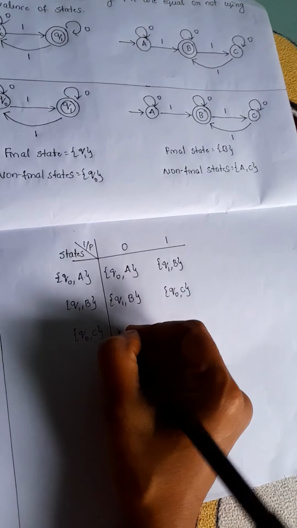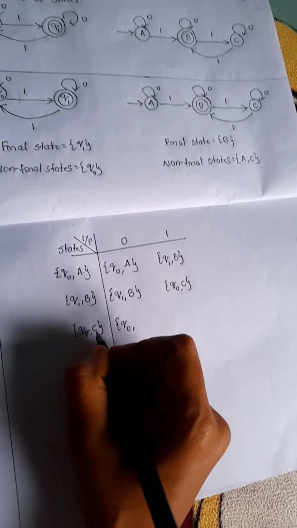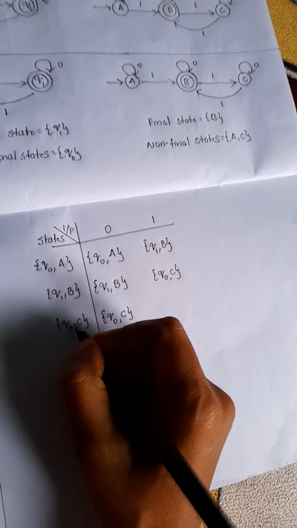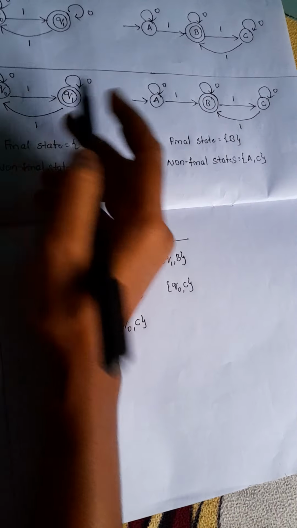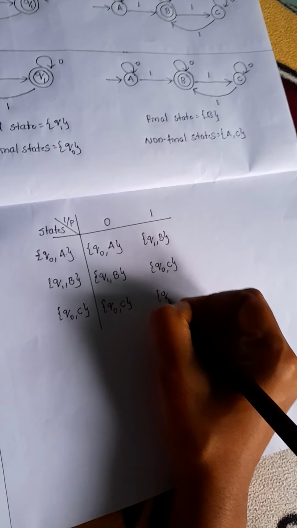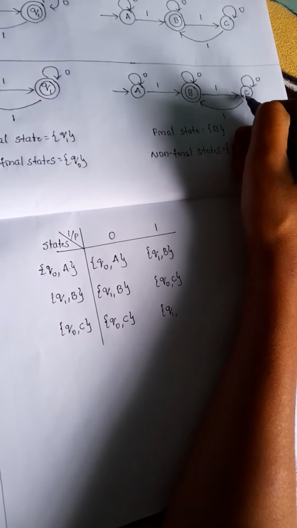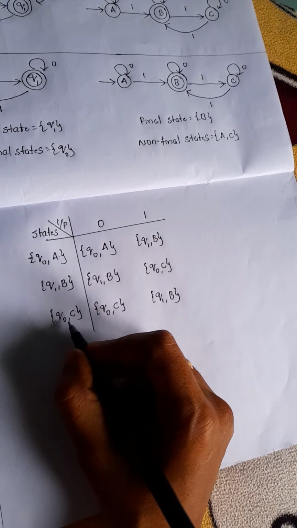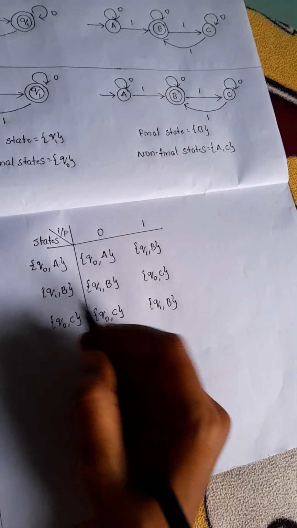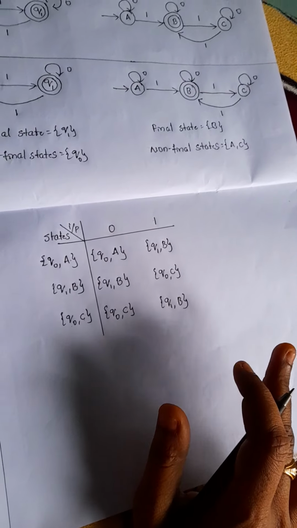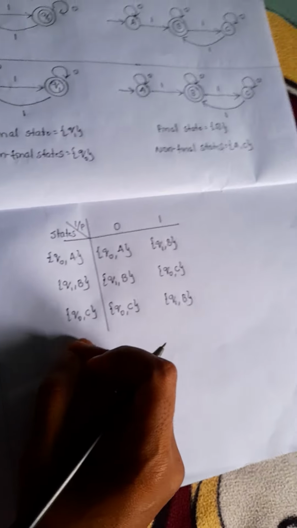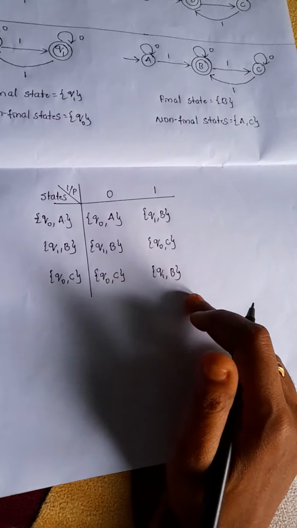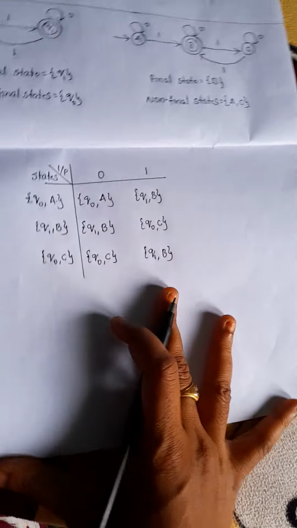Q naught on 0 goes to Q naught, and C on 0 goes to C. Q naught on 1 goes to Q1, and C on 1 goes to B. Now Q naught C and Q1 B are already there, so we are not left with any new states. If you find new states, we bring them out and write their transitions also. After completing this, we need to check.